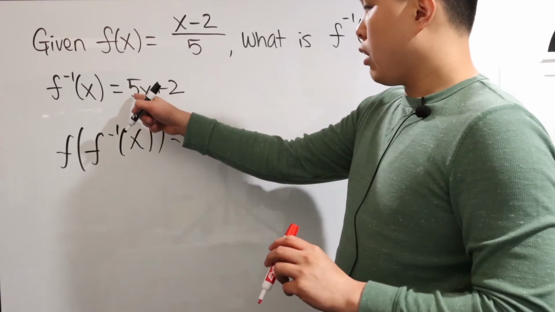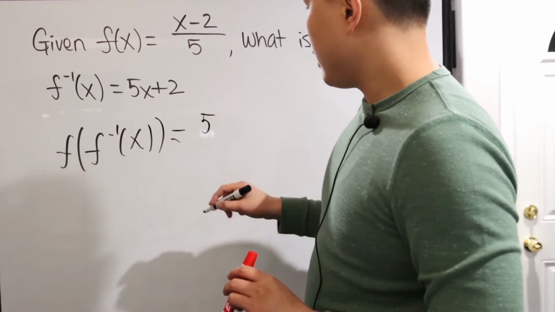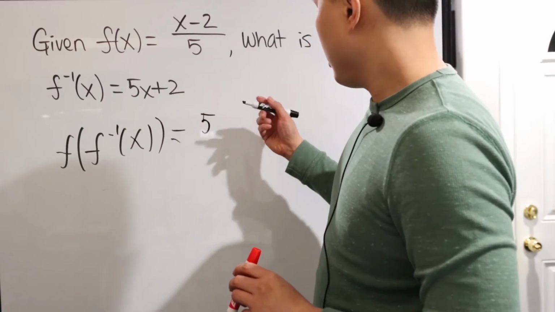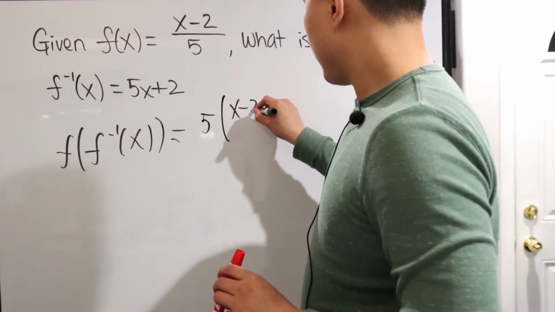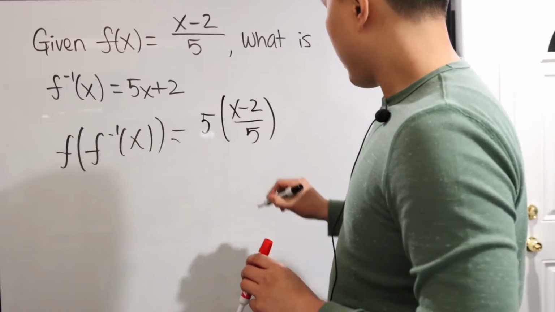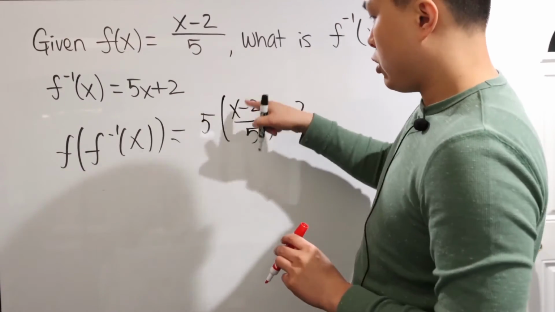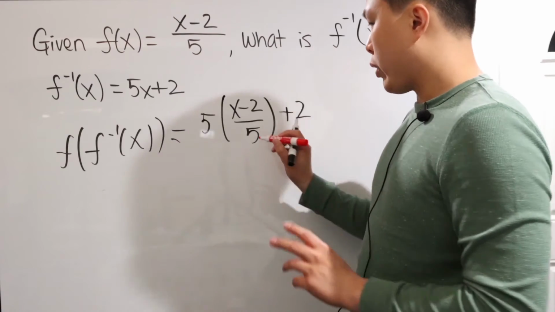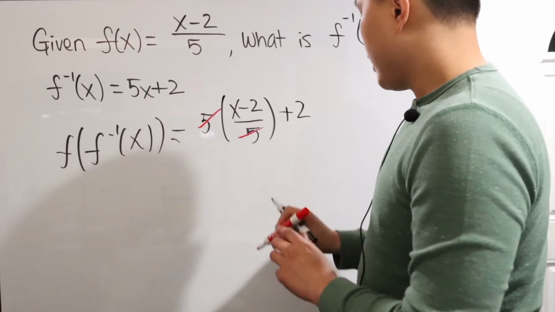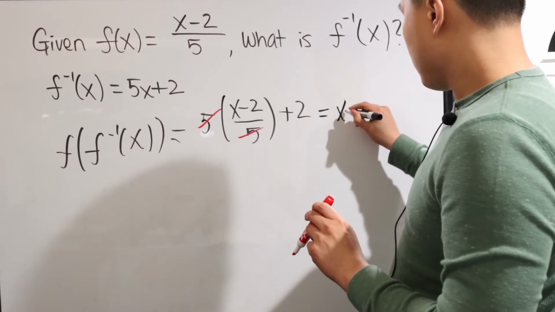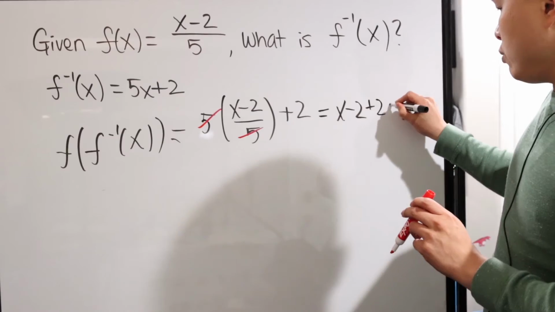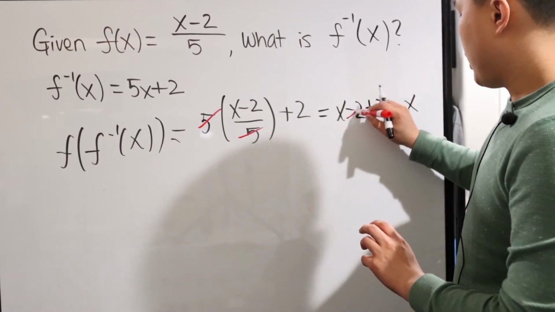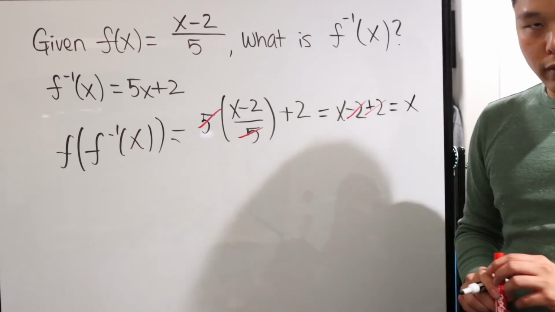So when we look at this, 5 times, and instead of x, we're putting this whole thing in, which is x minus 2 over 5 plus 2, right? Now we can start working it out. The 5 cancels. We have x minus 2 plus 2. These cancel, the minus and plus. And so we basically have x.